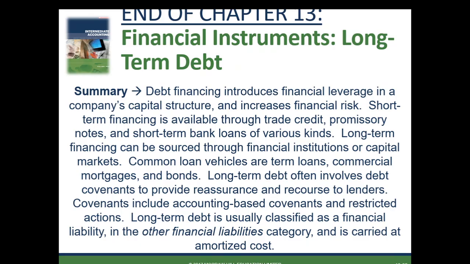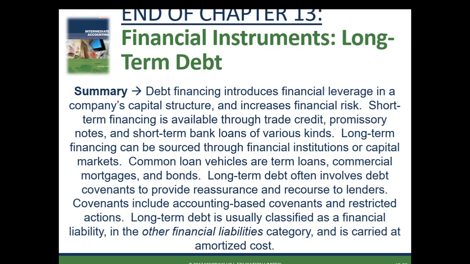So to summarize everything that we've talked about in Chapter 13, debt financing includes financial leverage in a company's capital structure and increases financial risk. Short-term financing is available through trade credit, promissory notes, and short-term bank loans of various kinds. Long-term financing can be sourced through financial institutions or capital markets.